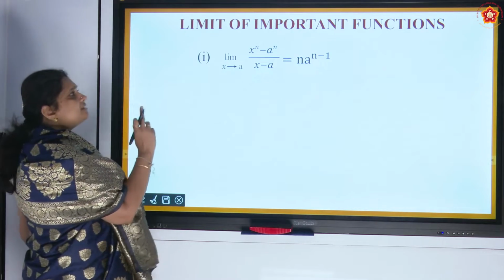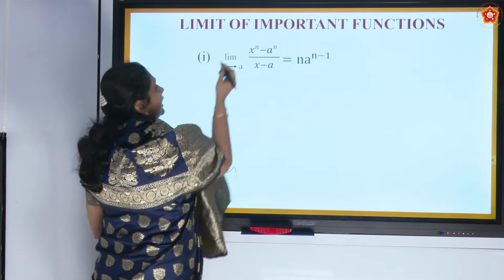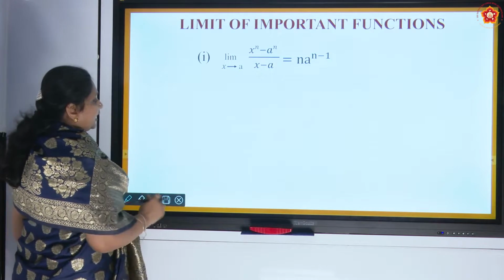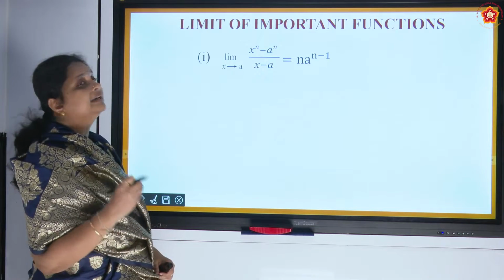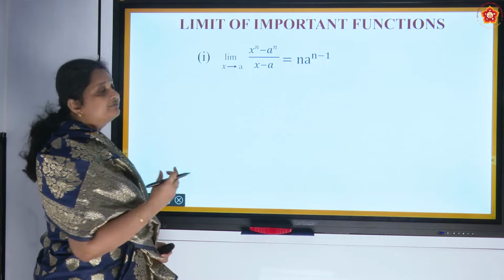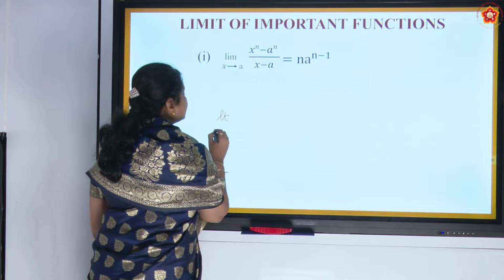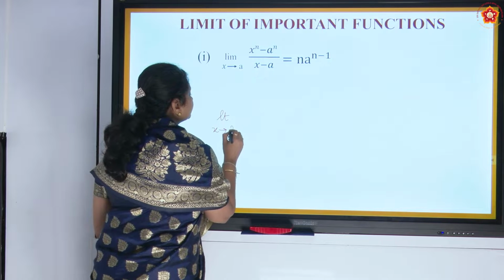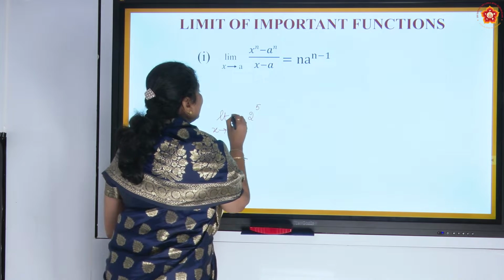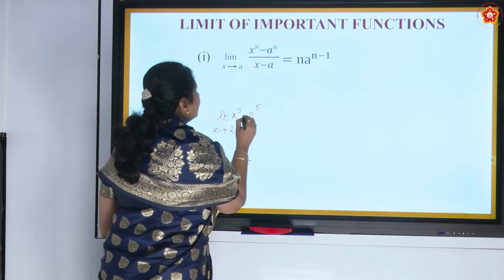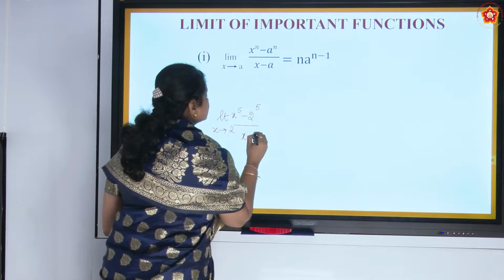The first and foremost important function is the limit as x tends to a of (x^n minus a^n) by (x minus a). Now let me give you an example. Let's suppose I have the limit as x tends to 2 of (x^5 minus 2^5) divided by (x minus 2).